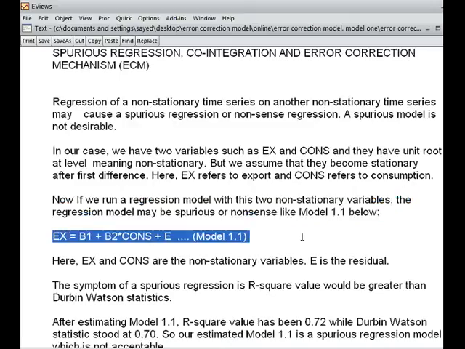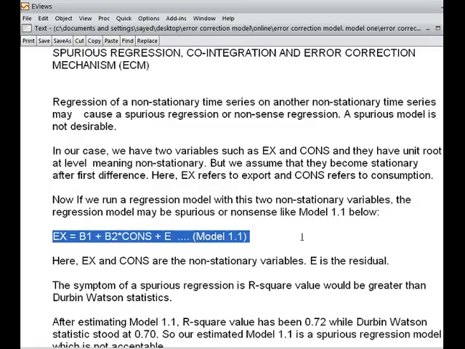That means this model 1.1 can be spurious because ex and cons both are non-stationary.